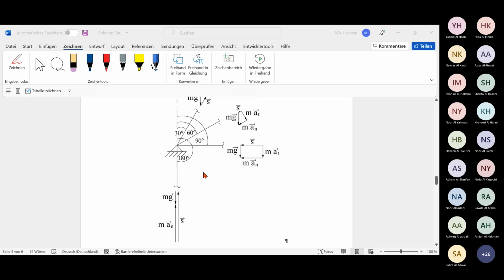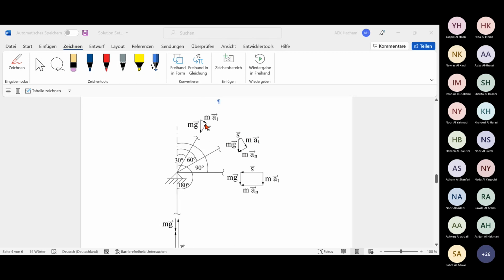What you look at here, from this part, the S is always inward, then it means the rod is under compression. But here, you see that the rod is under traction.